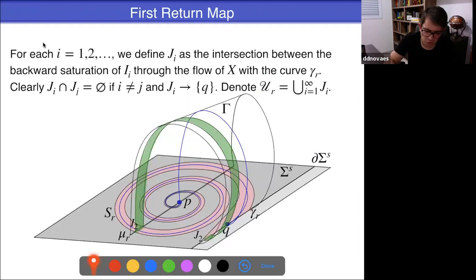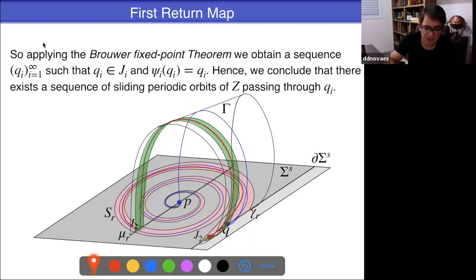So for each one of these segments, we can apply the Brouwer fixed point theorem and obtain automatically the existence of a fixed point for the first return map. So for each one of these segments, which are infinitely many converging to the point P, we have a periodic orbit. So we have concluded the existence of countably infinitely many periodic orbits.